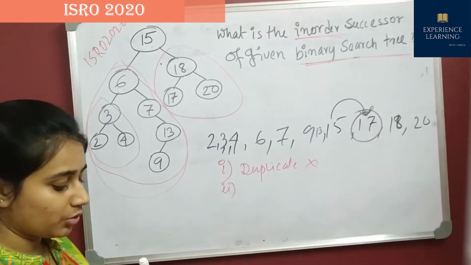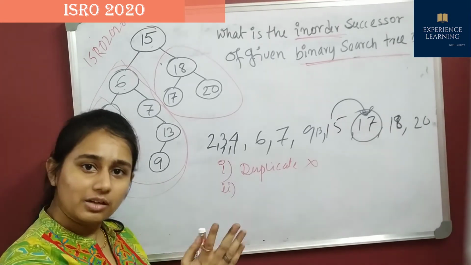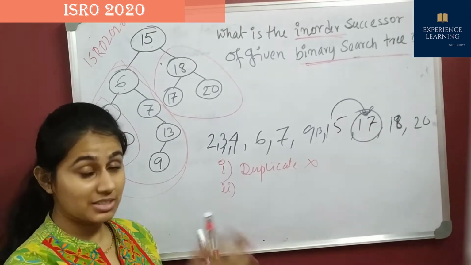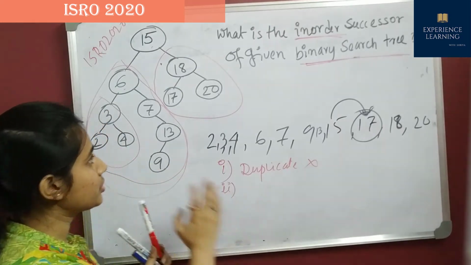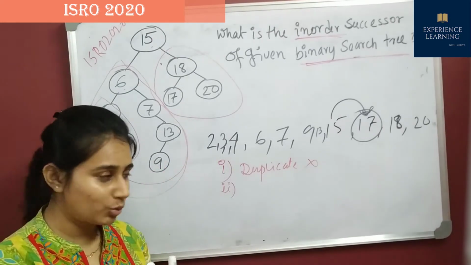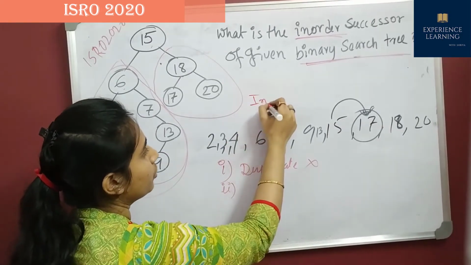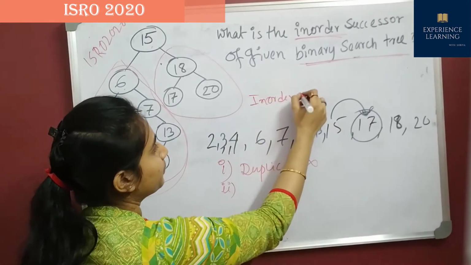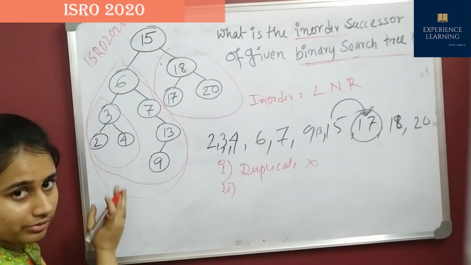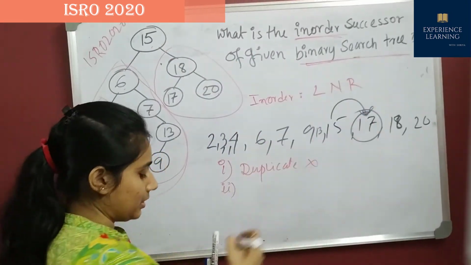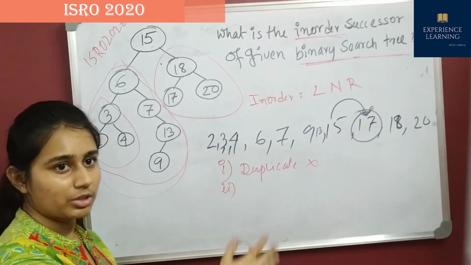In this way you can check whether the tree is a binary search tree or not. If it is, always remember the in-order traversal of a binary search tree is ascending, no need to do the traversal here. We also know that in-order traversal is left, node, right. First you traverse the left subtree, then the node, then the right subtree, but here it is beyond the scope.